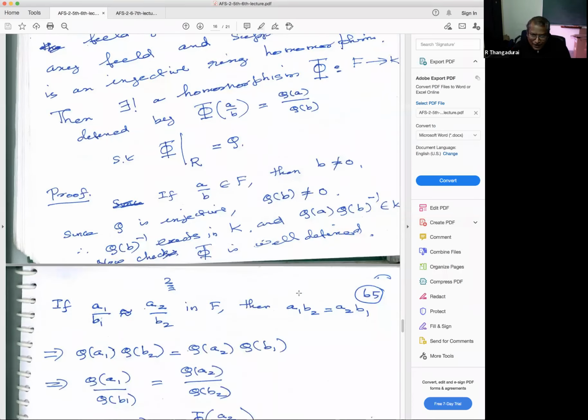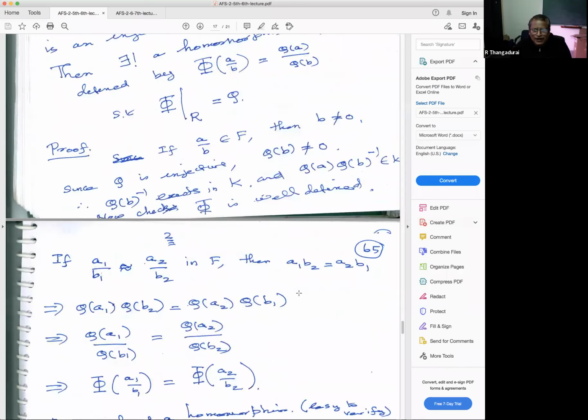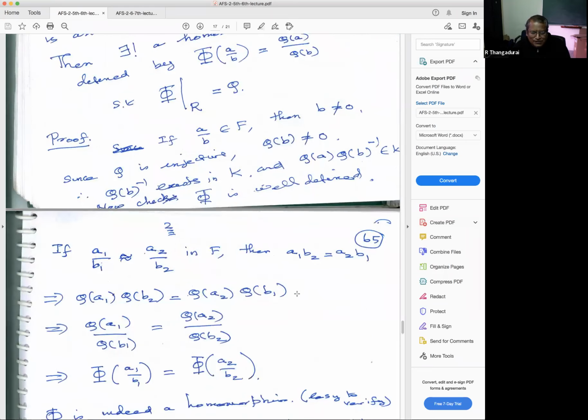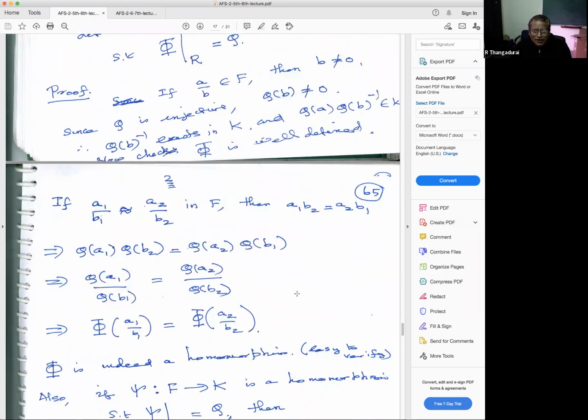Whether it is well defined or not, we have to check. Well-definedness means two different elements can have one image, but one element cannot have two images. That's what one has to check. Suppose a1/b1 is related to a2/b2; then we want to say that the images are the same.